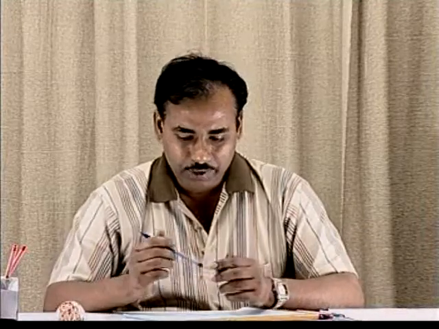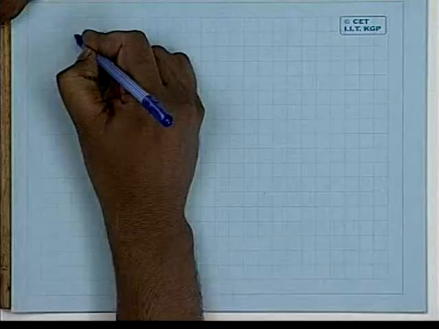So we must have some mechanism by which this file name or path name can be converted to the corresponding inode number. Before coming to that algorithm, let me say what a directory is.